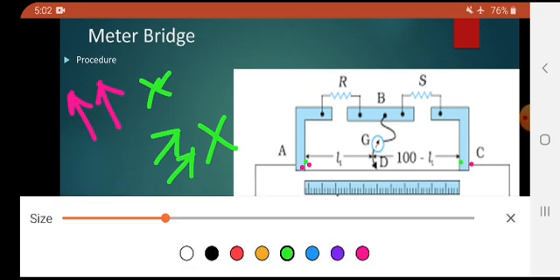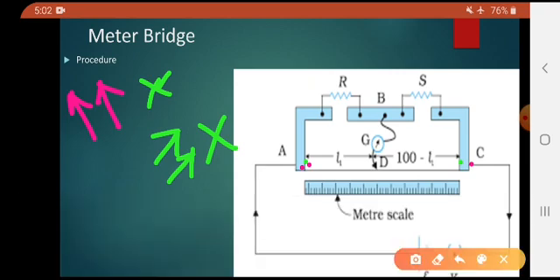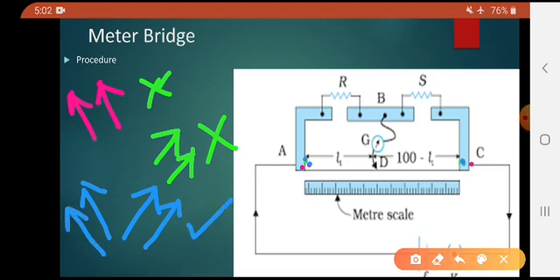Now the third one: when you touch A, it shows deflection left, and when you touch C, the deflection is right. Or you touch A, it shows right, you touch C, it shows left. So these connections are correct.